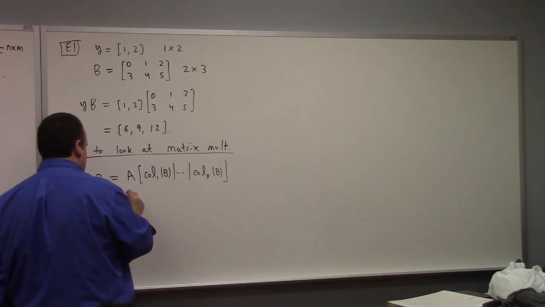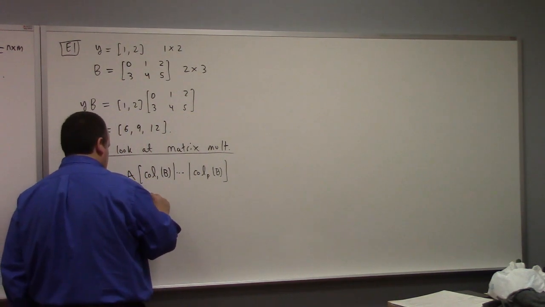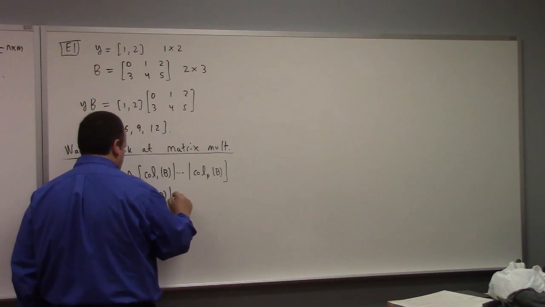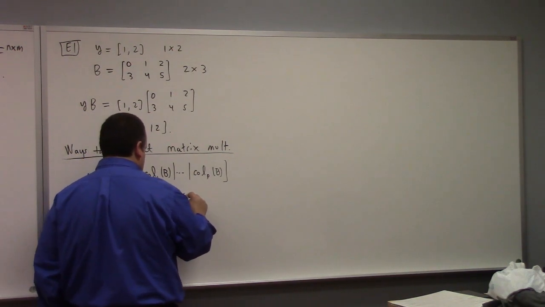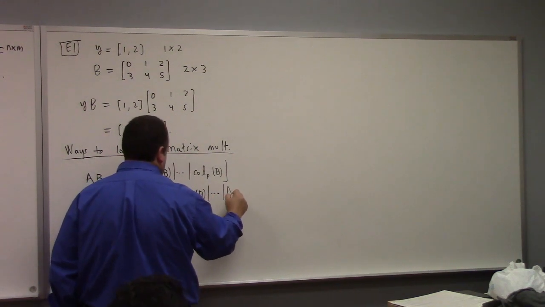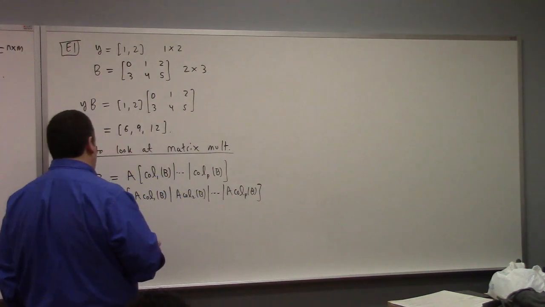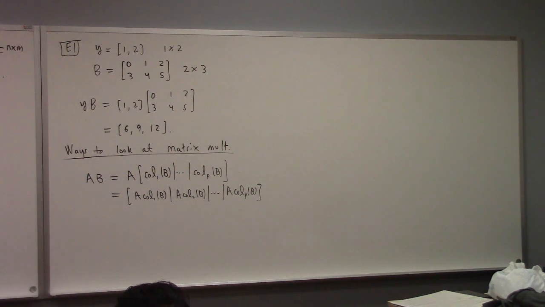And so it works out like this: A times column 1 of B, and then A times column 2 of B, up to A times column P of B. That's a very important way of understanding matrix multiplication. Many proofs flow through this idea. Sometimes I call it the column by column multiplication rule.